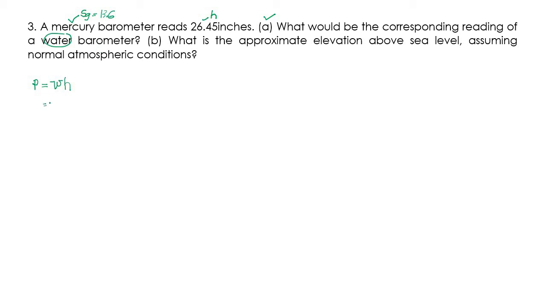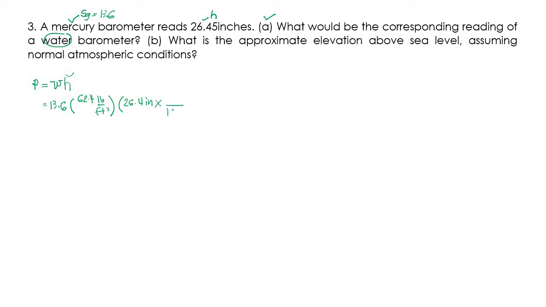So this is simply the specific gravity of the mercury, which is 13.6, multiplied by the unit weight of water, that is 62.4 pounds per cubic feet, multiplied by the height, which is 26.4 inches. We have to convert inches into feet so that the units are consistent.